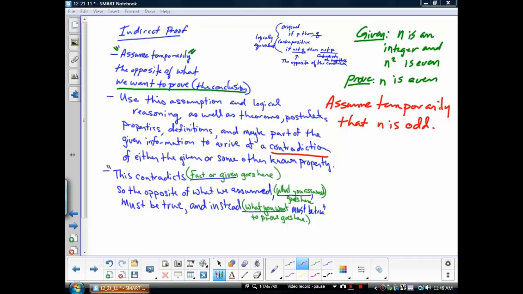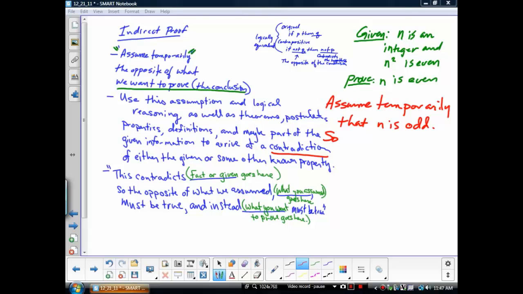So now we want to arrive at a contradiction of the given. We want to come up with an opposite statement to n squared is even. We're going to keep n as an integer, but contradict that n squared is even using this information. So if n is odd, what happens if we go n times n, which is n squared?